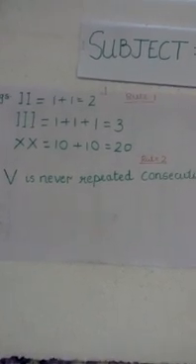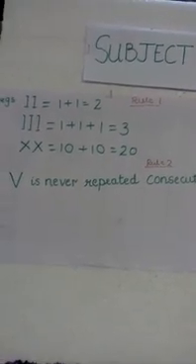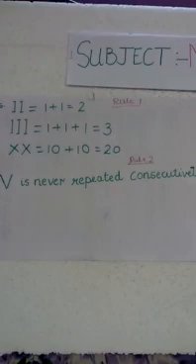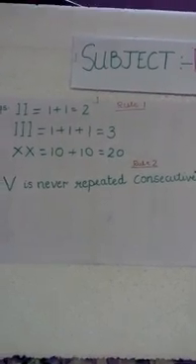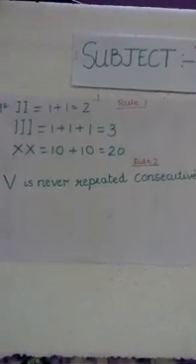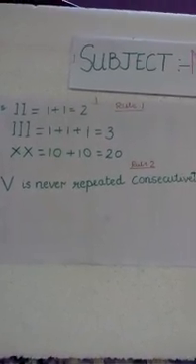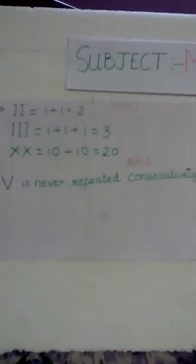The second rule: symbol I or X can be repeated consecutively for a maximum of 3 times. Symbol V is never repeated consecutively.